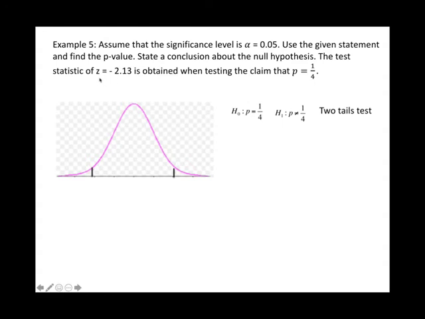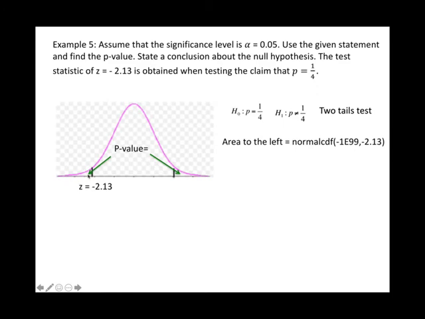So we have a picture that looks like this. Now look at the test statistic, negative 2.13. Negative goes here. And where's your p-value? The p-value is the area of the left tail plus the area of the right tail. We only have the test statistic on the left-hand side, so let's find the area from the left.